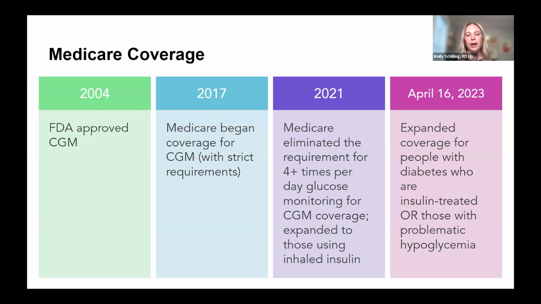So really strict requirements. But thankfully, as more and more research has come out showing the benefits of CGM, Medicare has expanded its coverage to include anyone who is taking insulin. So it could be just insulin once a day. It doesn't have to be those multiple daily injections. And also expanding coverage to include people with problematic hypoglycemia.